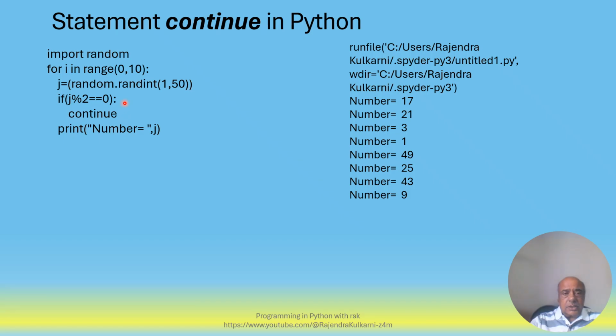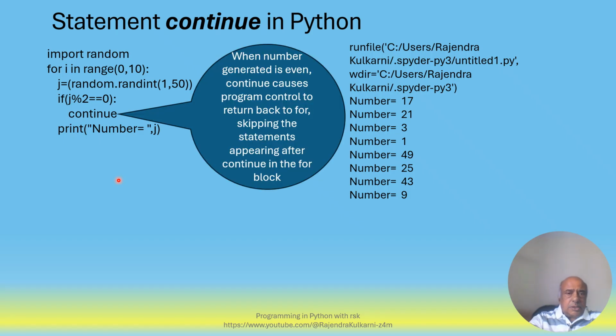Whenever there was an even number, the execution control of the program goes back to for, skipping the statements after continue, even though they are part of the for block. When the number generated is even, continue causes program control to return back to for, skipping the statements appearing after the continue in the for block.